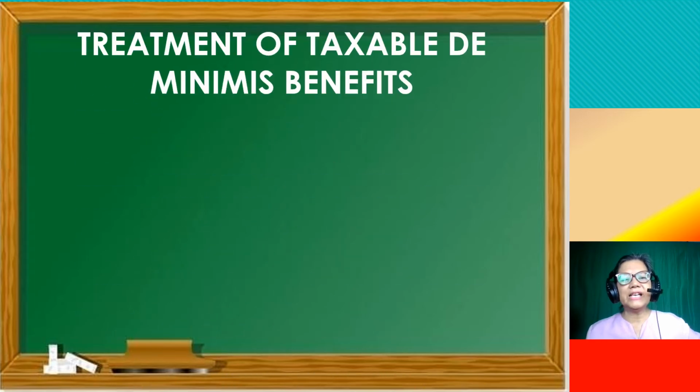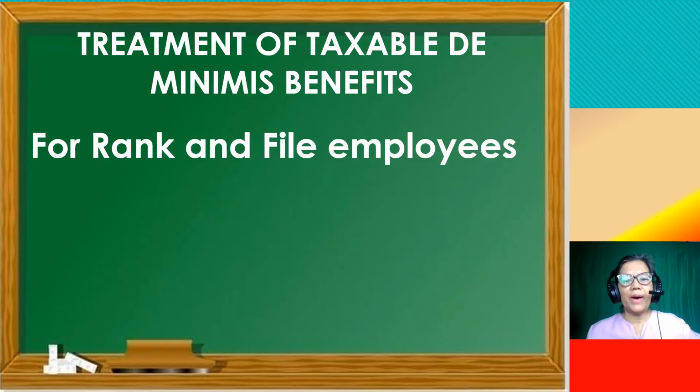Let us discuss the treatment of taxable de minimis benefits. We have two. That is, for rank and file employees. By the way, who are rank and file employees? Rank and file employees are those employees in the lower rank.